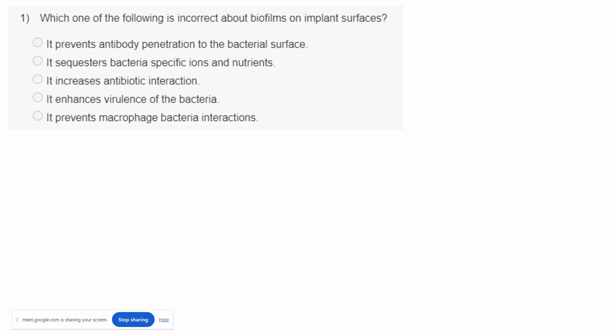Which is incorrect among these options? Ma'am, it increases antibiotic interaction. Okay.